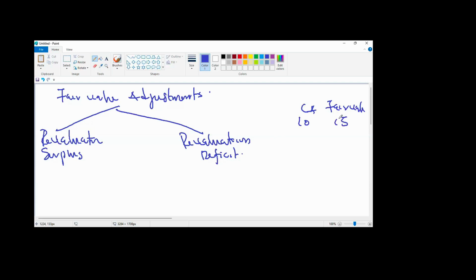The other way around, it will come with deficits. And the last one, which is very real, they will just say the fair value of the PPE. You go to the financial statement and look at the carrying amount of the PPE. Any issue?